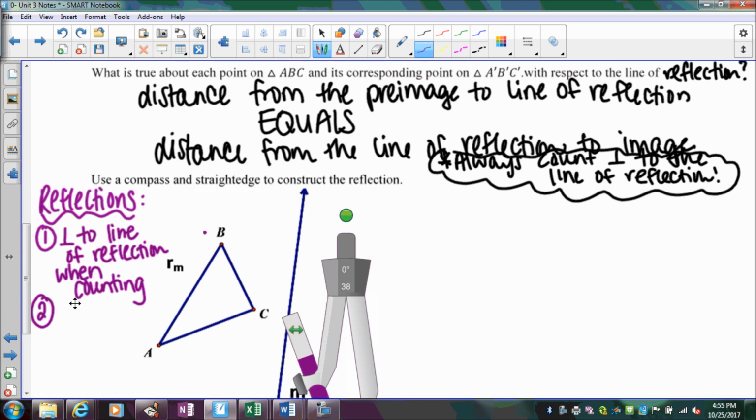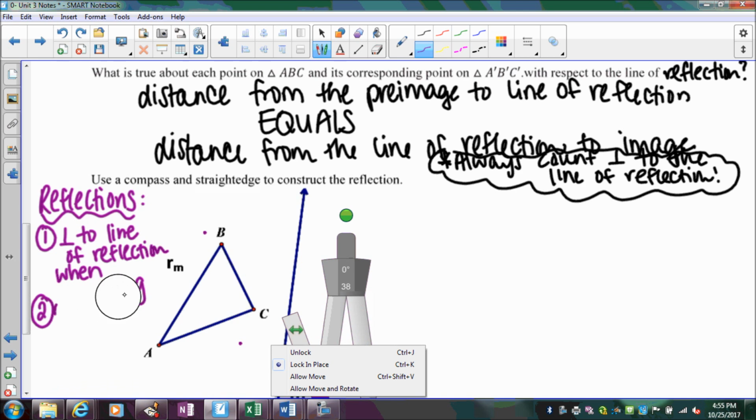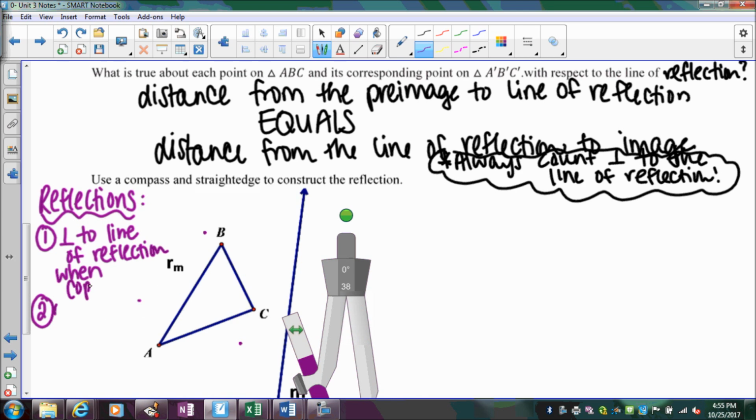And then you're always going to copy the same distance. I'm going to say when copying, because we can't count with a compass. So perpendicular to the line of reflection when copying distance. And then I'm going to say copy distance to the line of reflection, and then go from the line of reflection.